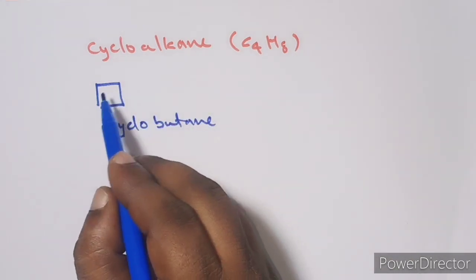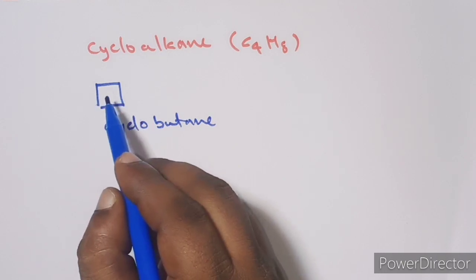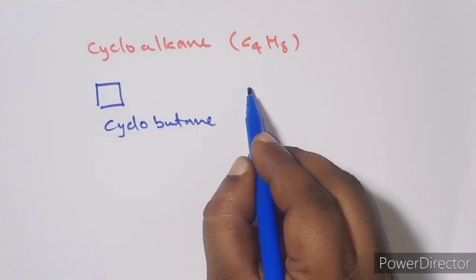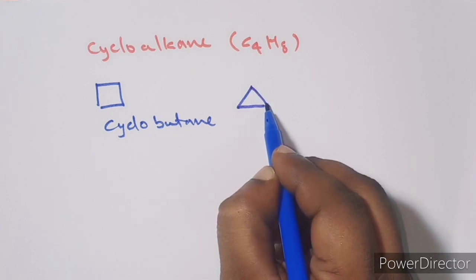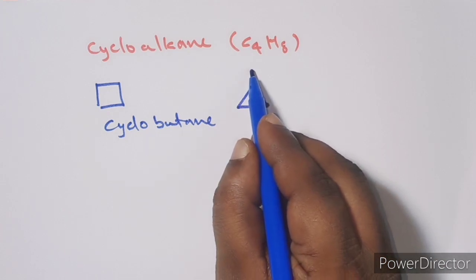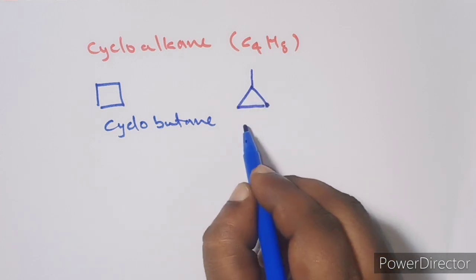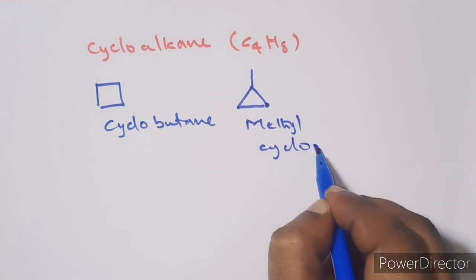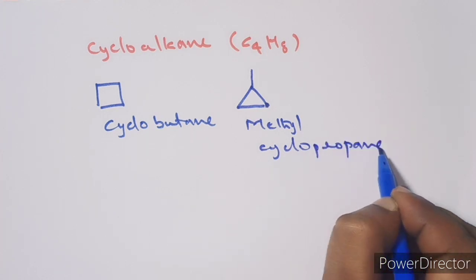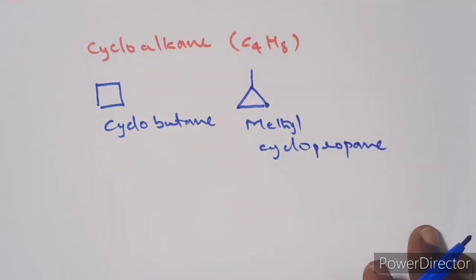Now what you do is, the 4 carbon cyclic ring is here, so break 1 carbon and write another cyclic ring with 3 carbons. And one more carbon is there, so write it as a methyl substituent on any one of the carbons. So what you are getting here is methylcyclopropane. Like this, you can write the two isomers of cycloalkanes.